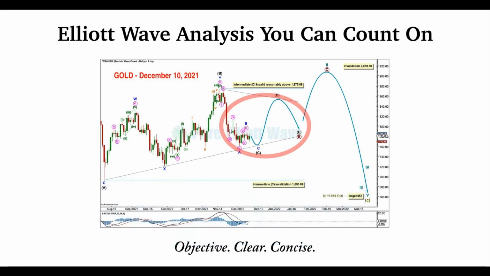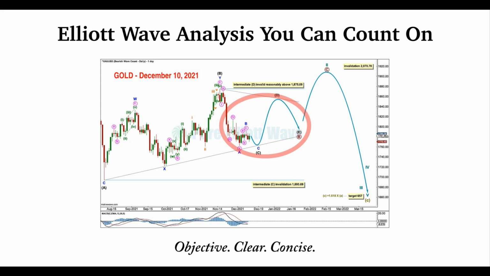I just wanted to bring to you some more examples of our previous gold calls in the past, because you see a lot of Elliott Wave analysts out there, especially on YouTube, that break so many rules and you don't know it because you potentially don't know all of the Elliott rules by heart like we do here.